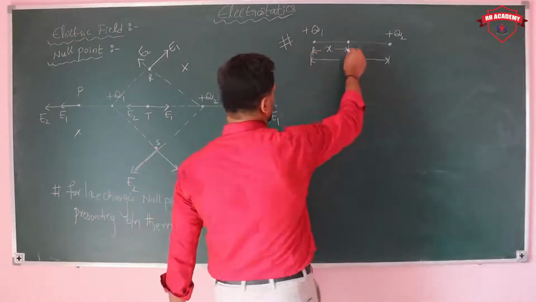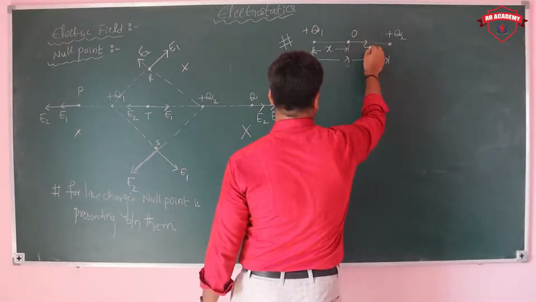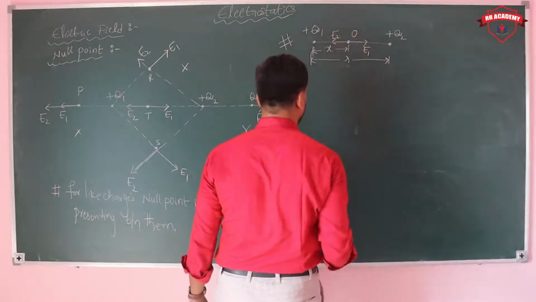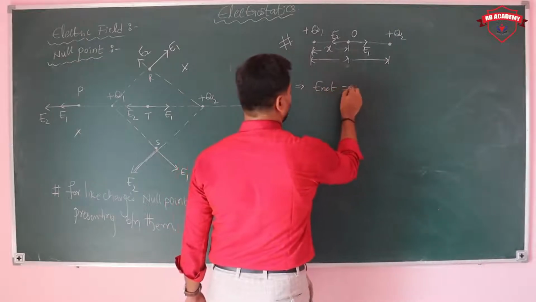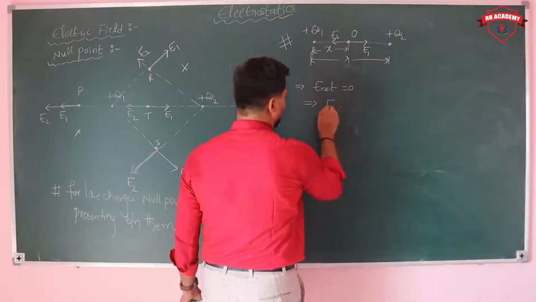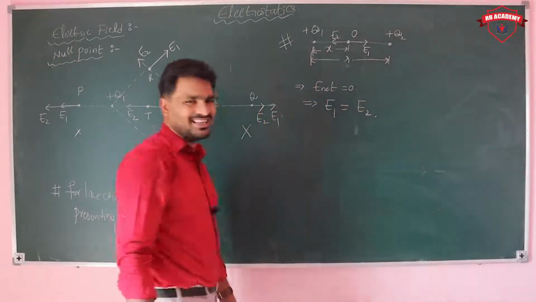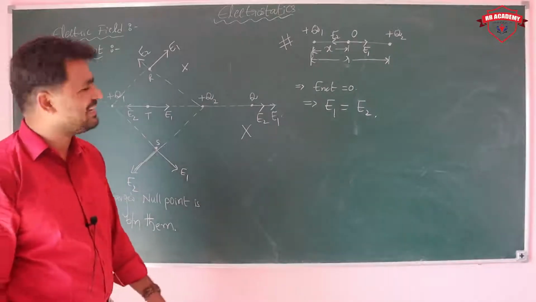So now we'll try to find the null point. What is the field direction due to Q1 and due to Q2? The net field must become zero, so the field due to the first charge is equal to the field due to the second charge.